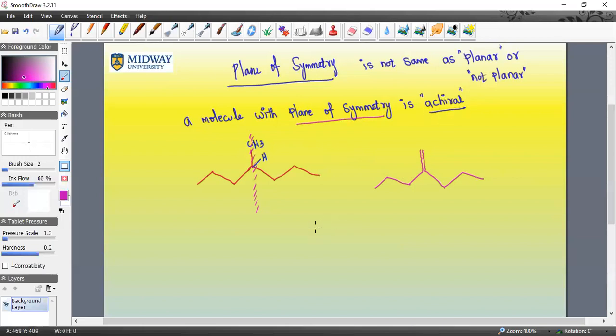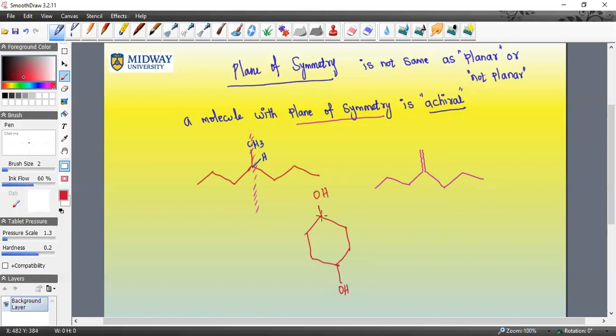Let's look at a couple more examples, because we don't need to dwell on this one topic forever. We just need to learn a few examples. Let's say we have this molecule. Visually, for some people, it's easier to identify chiral carbons in a straight chain than in a cyclic ring.